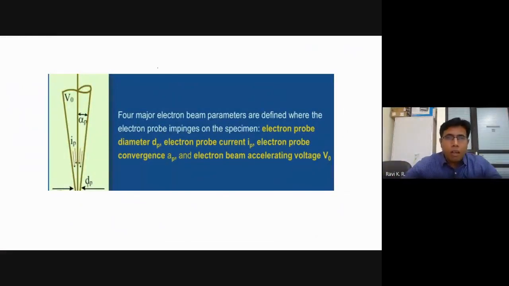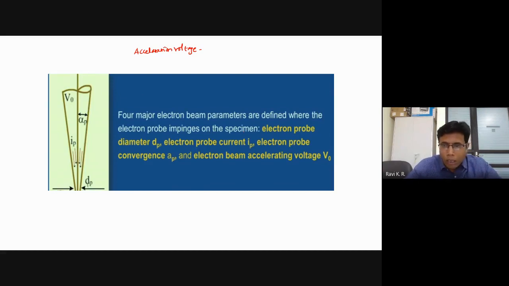We have seen the role of acceleration voltage earlier, but in today's class we will see it again. There are two major parameters in scanning electron microscopy. Some of the concepts I'm discussing are applicable to transmission electron microscopy also.